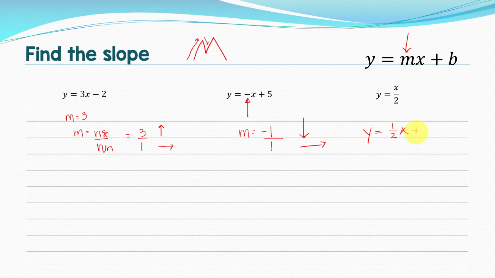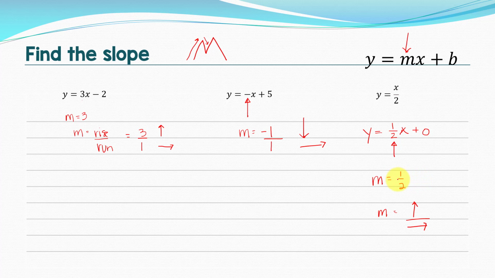And then I don't have anything else with it, so that would be plus 0. And we're only looking at the slope right now, so really I'm only concerned with this number right here. So now I can say my slope is 1 over 2. That means when I go to graph this, I'm going to rise up 1, go up 1, and then I'm going to count over 2.